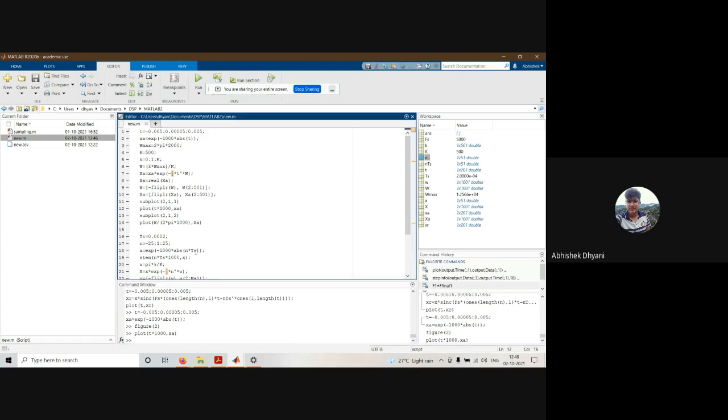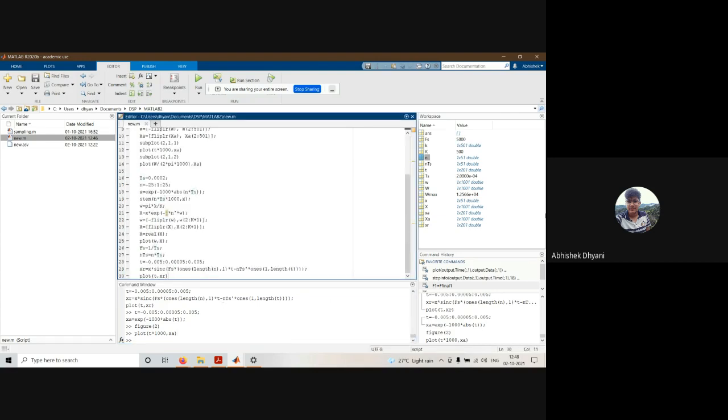So finally, we can do one more thing. We can look at how much is the error between the original signal and the reconstructed signal. So I'll define some error, which is basically the maximum absolute difference between the signal xR, which we have reconstructed, and the original signal, which was xa, sorry.